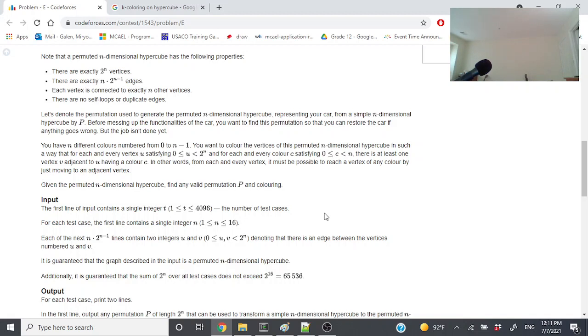And therefore, we will construct the 1-dimensional hypercube for the neighbor of 0, and then some other neighbor of 1.